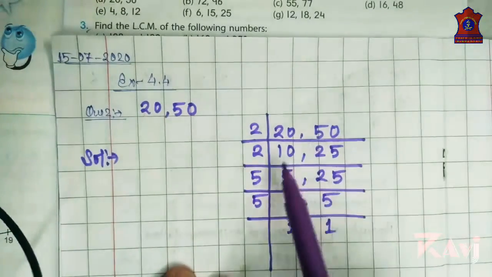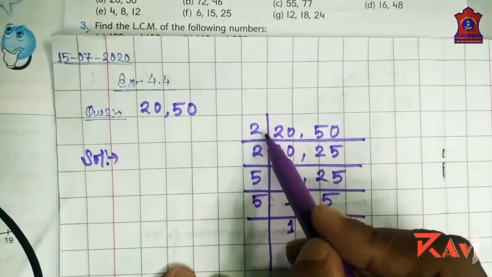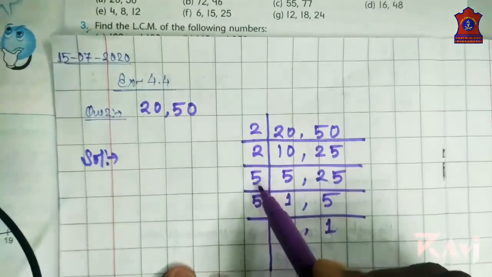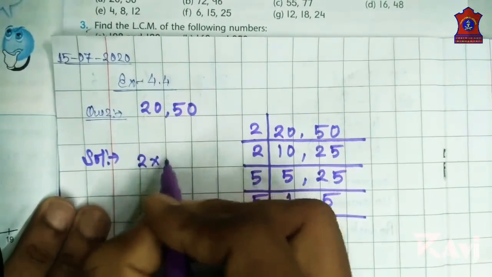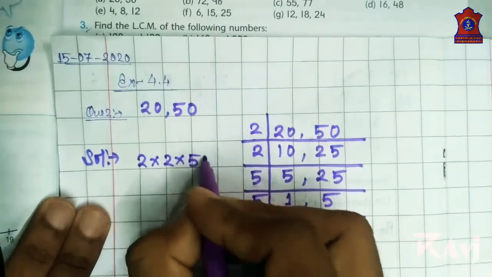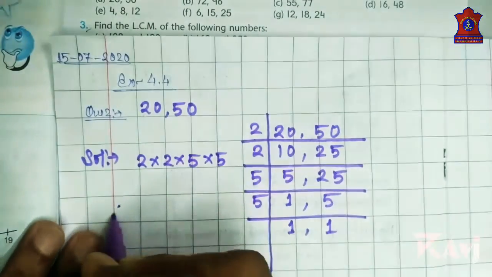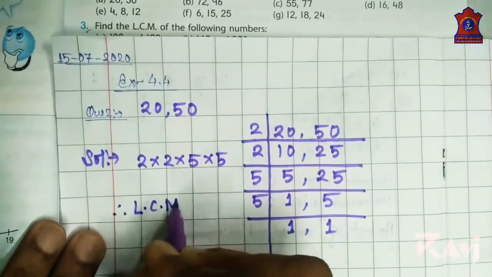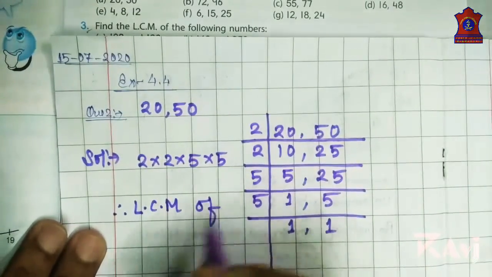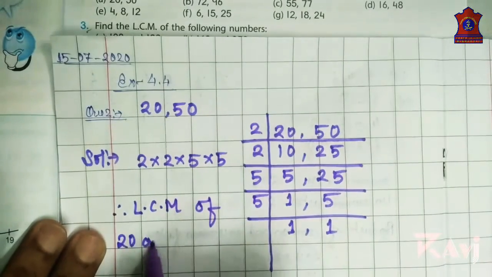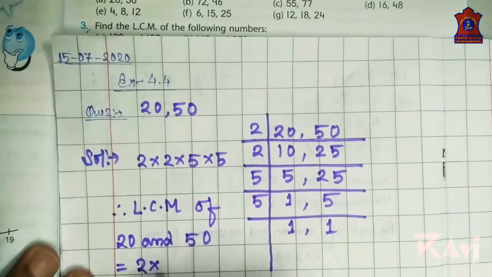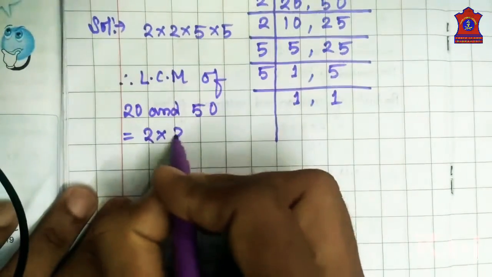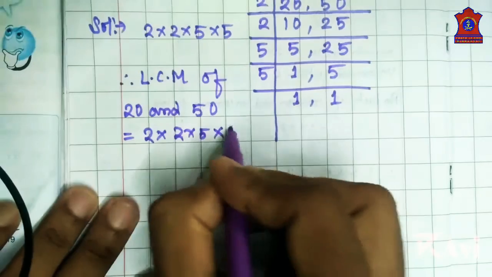So here we have got the prime factors as 2, 2, 5 and 5. So write 2 into 2 into 5 into 5. Therefore, LCM of 20 and 50 equals 2 into 2 into 5 into 5.